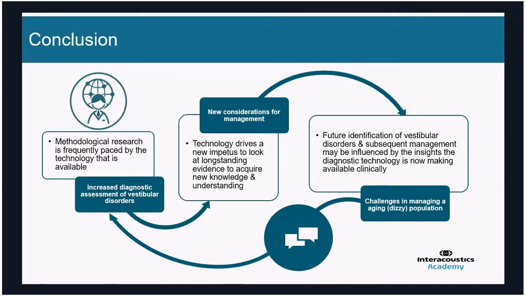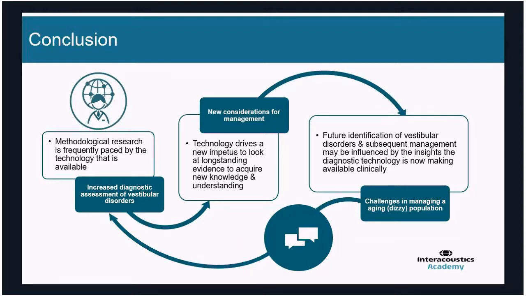And there is work out there that's being done currently, but now that we have insights into greater understanding diagnostically, both from an otolith perspective and the mixed presentation perspective, that might change some aspects of management going forwards. So this increased diagnostic assessment of vestibular disorders has a technology-driven impetus to it, and it allows us to look at long-standing evidence and to acquire new knowledge and understanding, to be able to modify and improve some of these strategies moving forward.